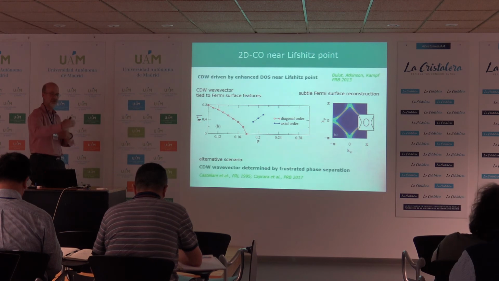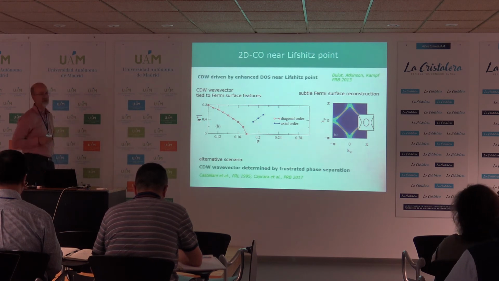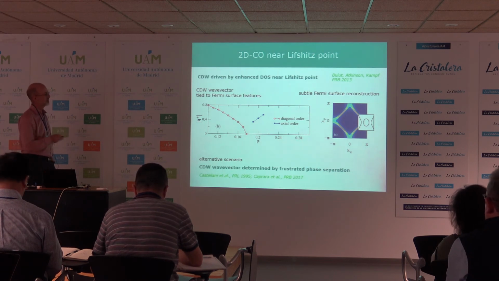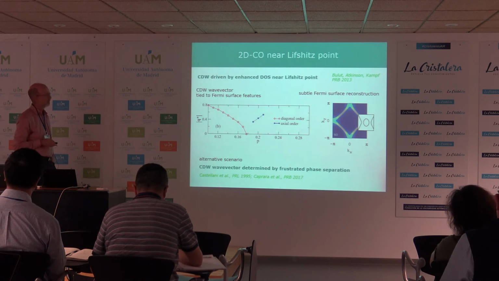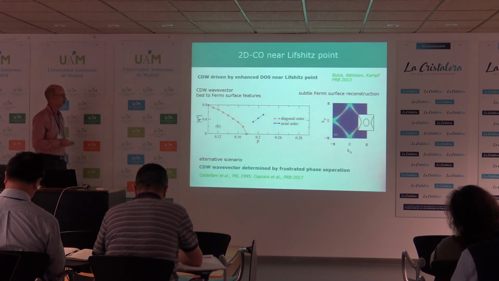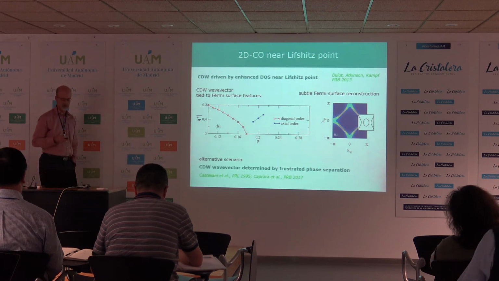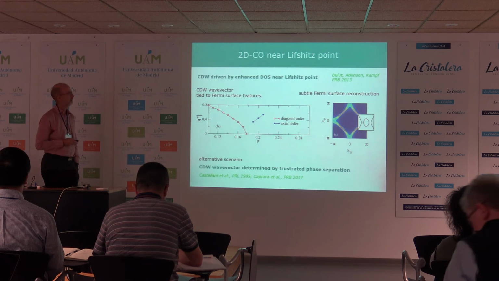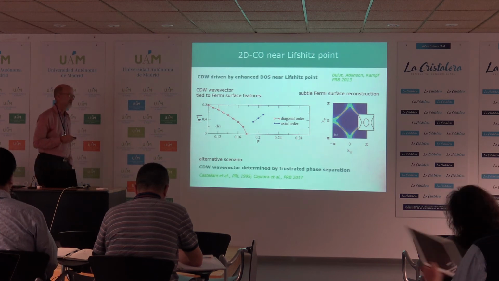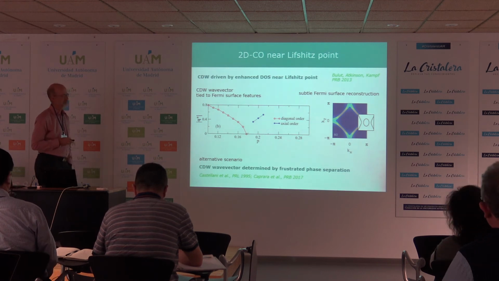Right? You have a periodic phase distribution, and this is the characteristic wave vector connecting this. So in that scenario, you would not actually expect any gap at the Fermi surface. Okay, so this interpretation of this charge density wave-like phenomenon in the overdoped state is still under debate.